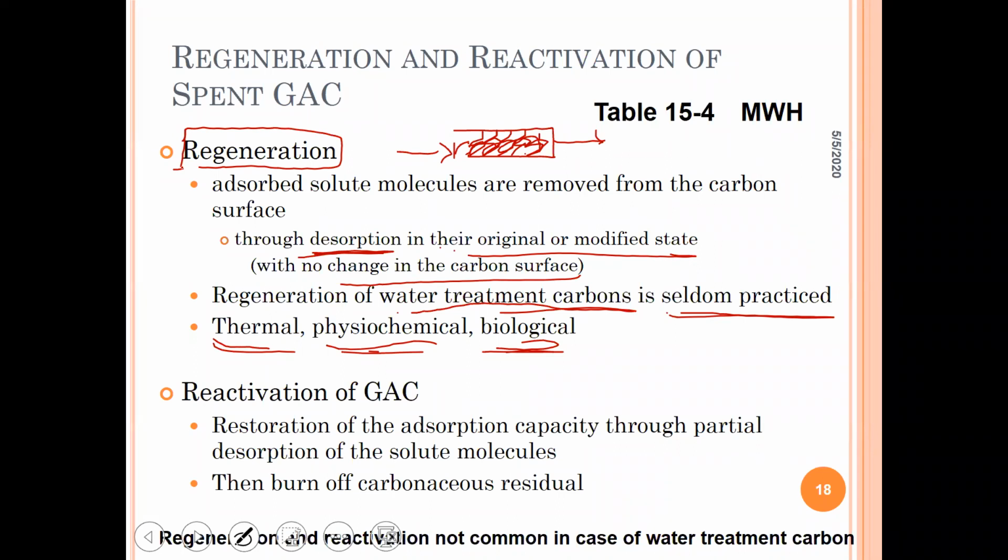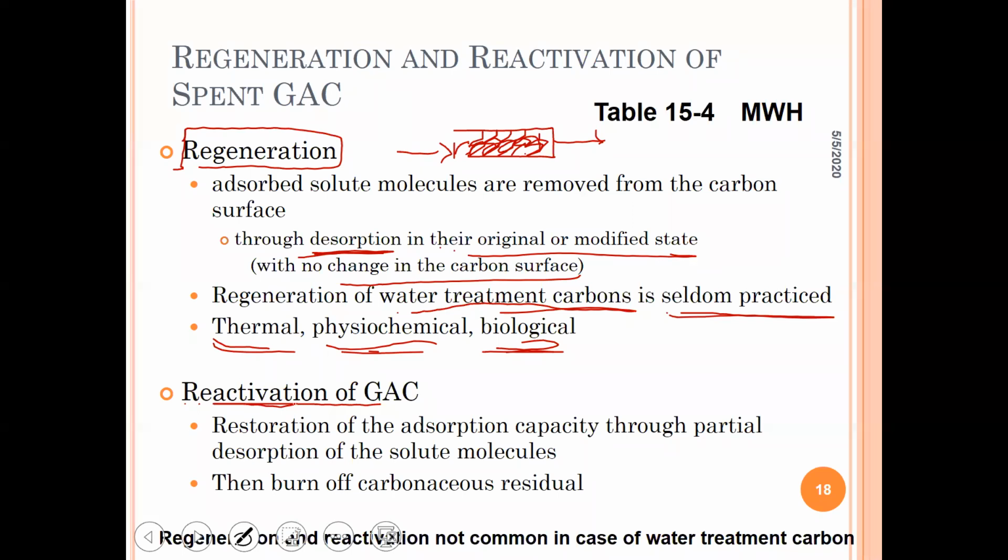Another method is reactivation. Reactivation is restoration of the adsorption capacity through partial desorption of the solute molecules and then burning off the carbonaceous residual.